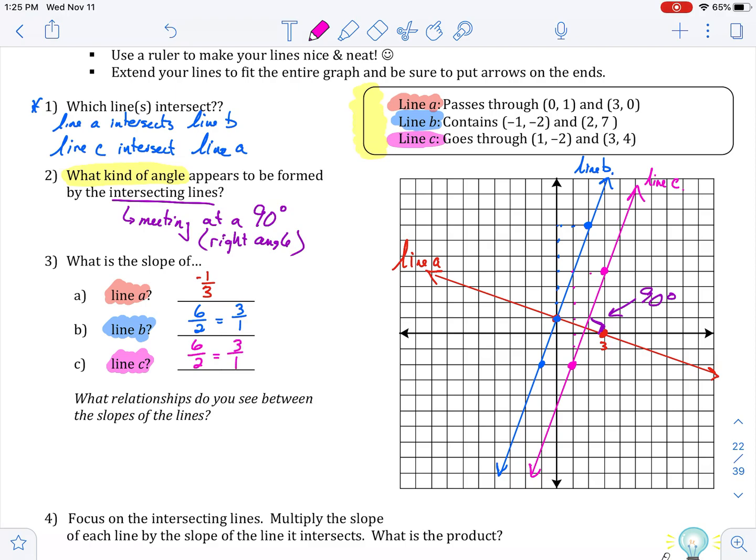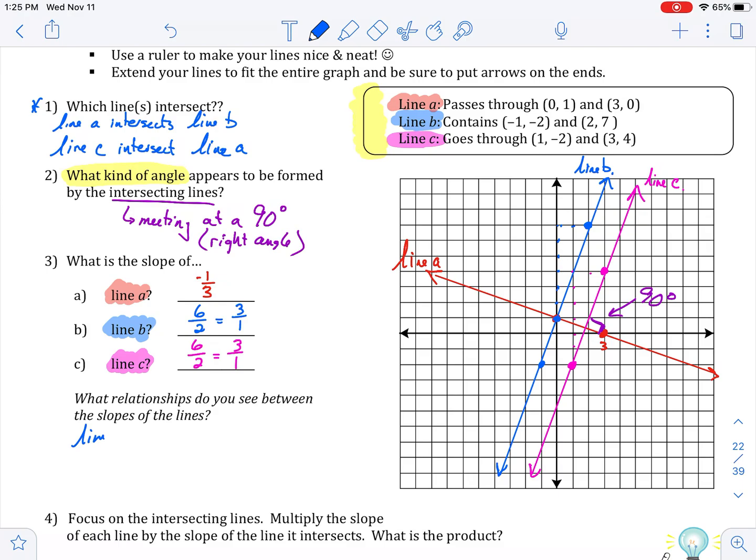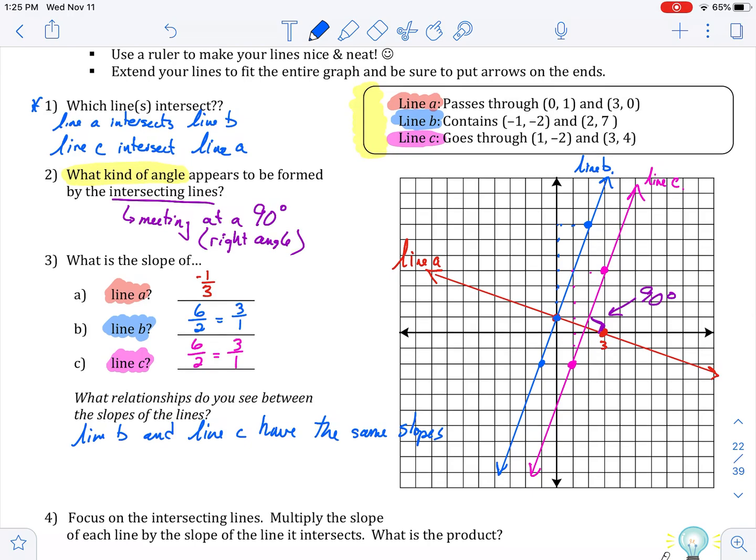The relationship that I see here is that line B and line C have the same slope. If we talk about m, the slope of line B was 3 over 1. The slope of line C was also 3 over 1.